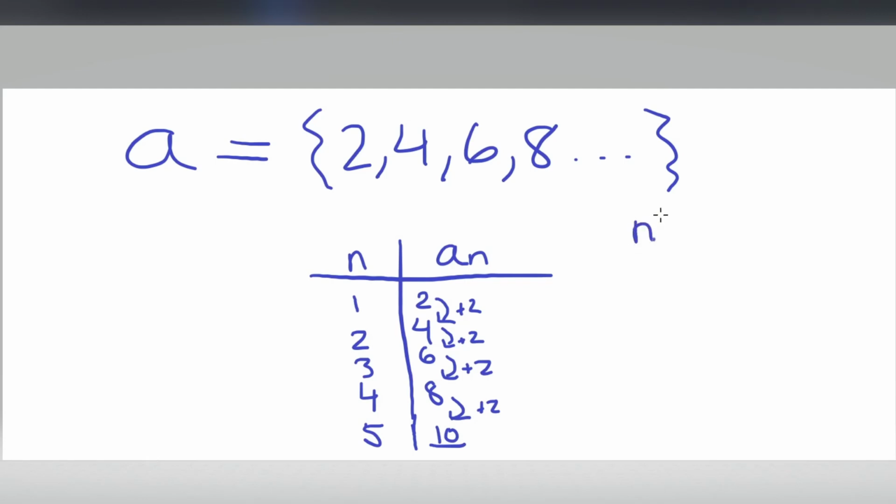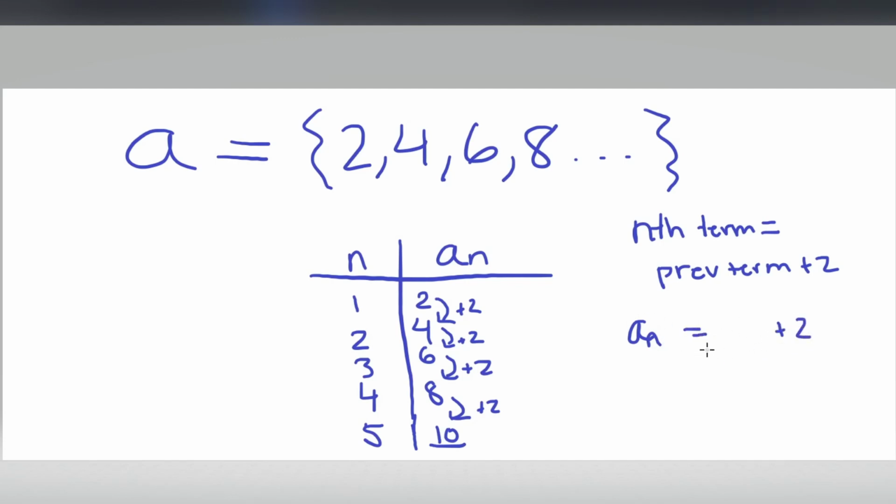The nth term is the same as the previous term plus 2. And to write that, we can say a sub n, which is our current term, or our nth term, is going to be our previous term plus 2.